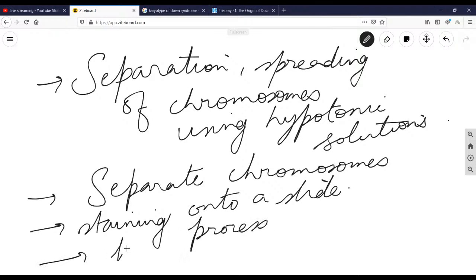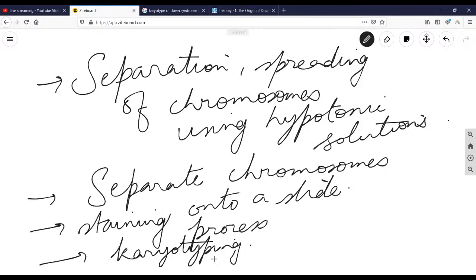Staining process, and that is your karyotyping. That is the karyotyping. So what we have is karyotype generation via this method.